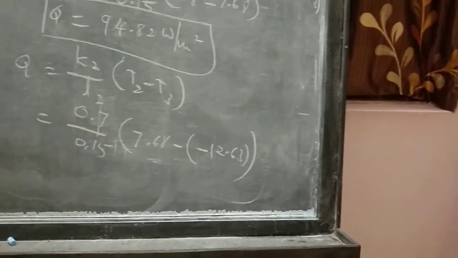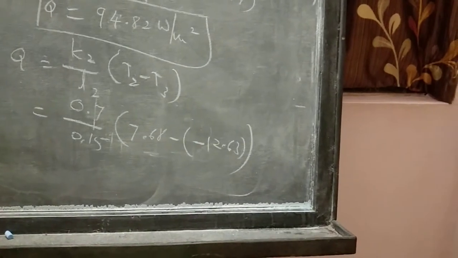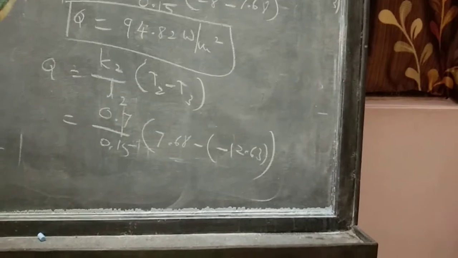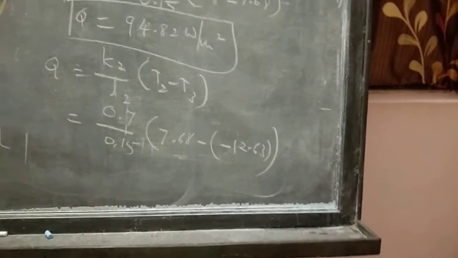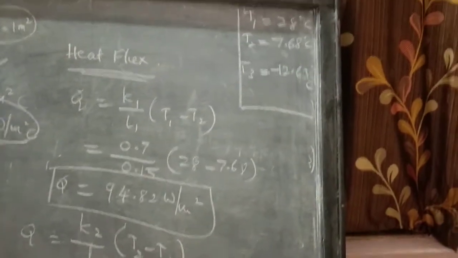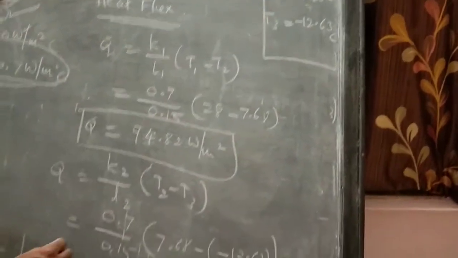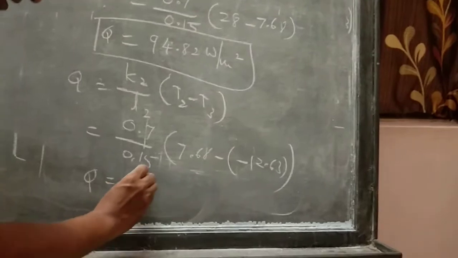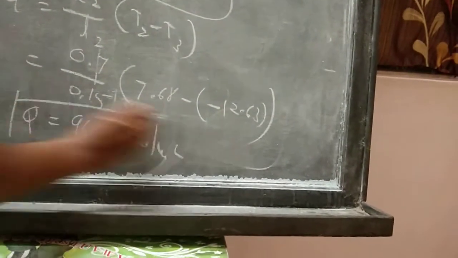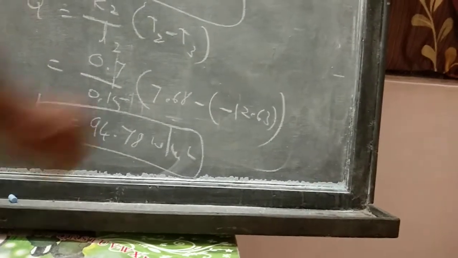If we calculate 7.68 plus 12.63 into 0.7 divided by 0.15, we got 94.78 watt per meter square, which is the same as this one.